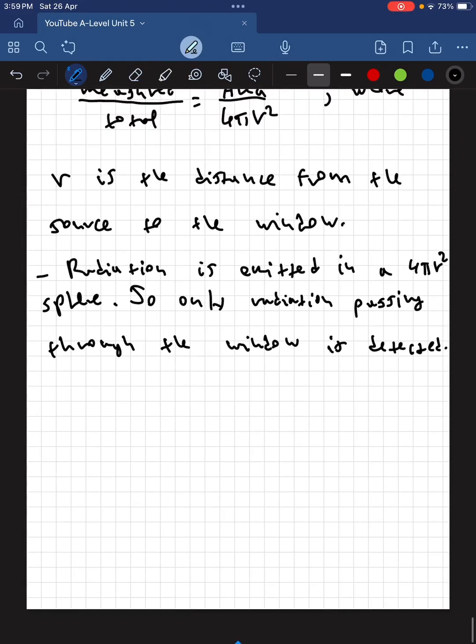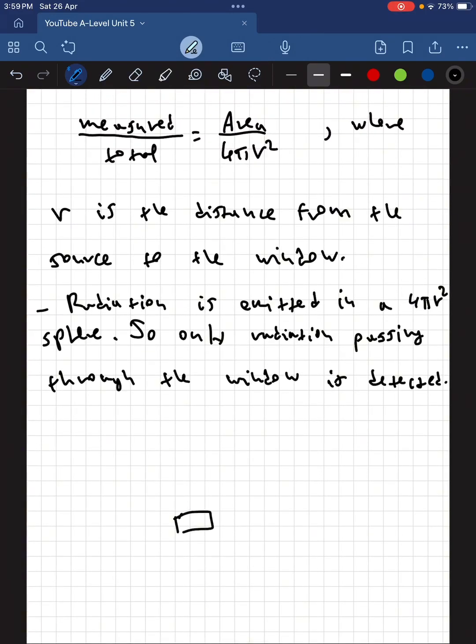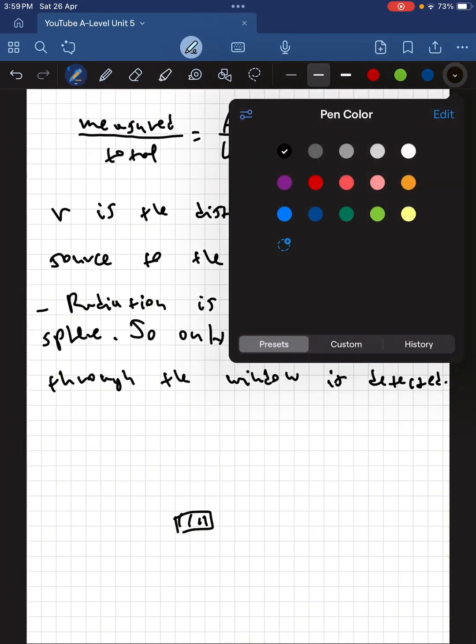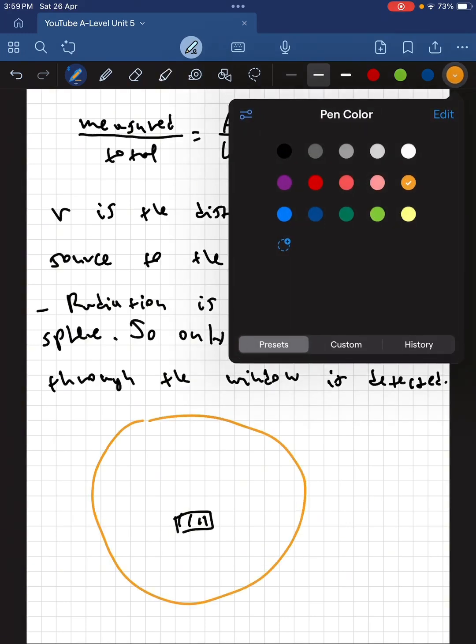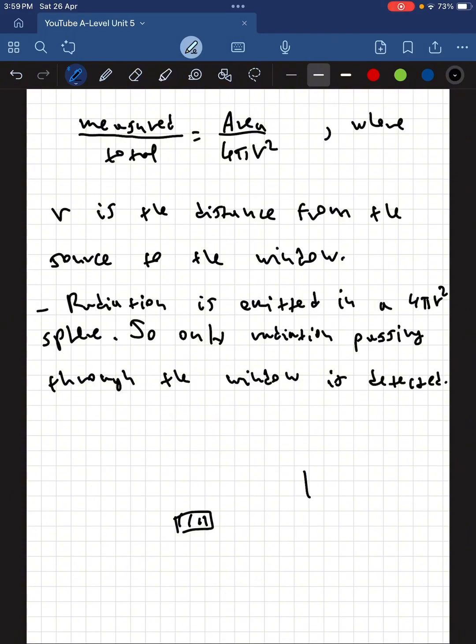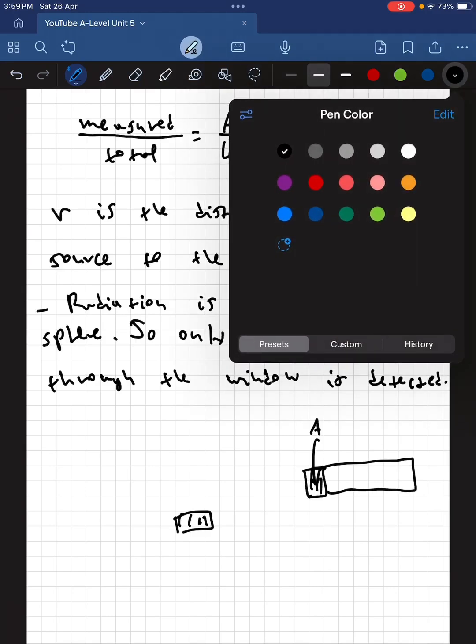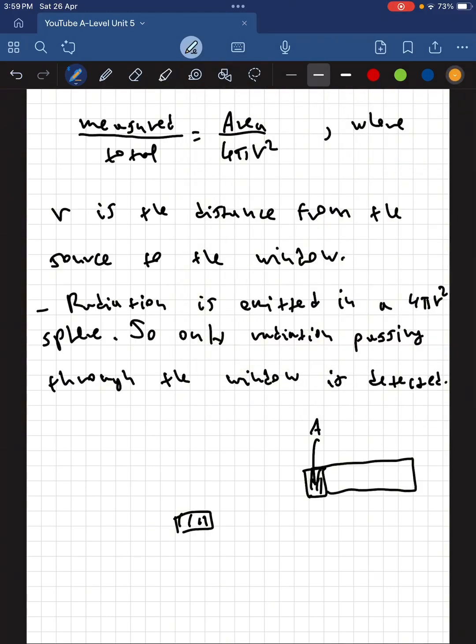So what I mean, again, is that let's say I have a source. Maybe this will make it more clear. I have a source, and this is a sphere, and let's put the detector there. So this is the detector A with surface area A, and I made it orthogonal this time.